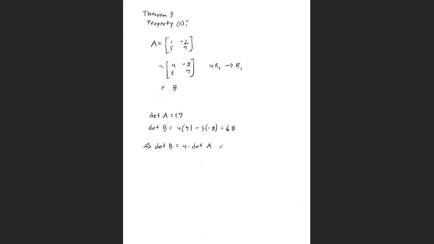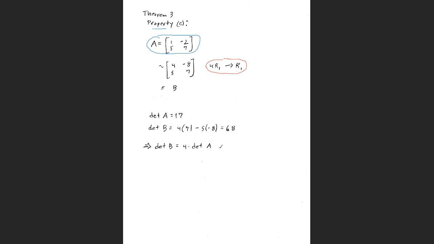Rule C. Property C. So looking at Theorem 3, property C is that if one row of the matrix A is multiplied by K to produce the matrix B, then the determinant of B equals K times the determinant of A. Okay, so here I am with that same matrix A, and I choose, just out of the blue, to multiply the first row by 4.